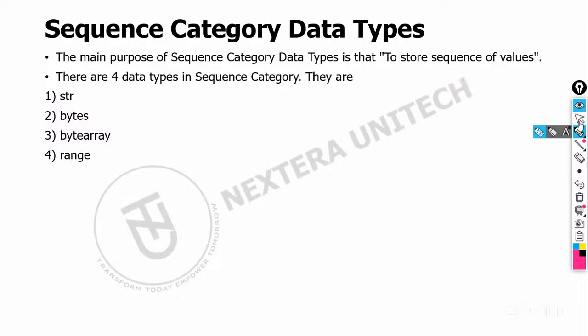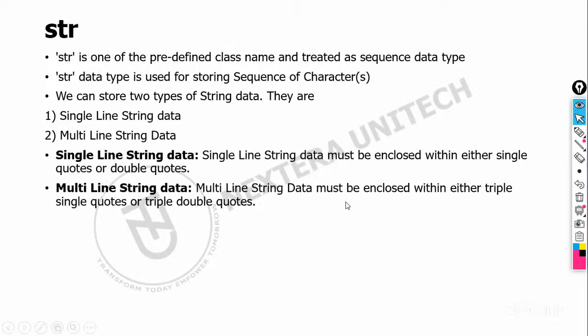Now let us understand the first type of sequence category data types. It is str. str is one of the predefined classes, like int, float, bool and complex. So what is a class? We'll understand, no worries.